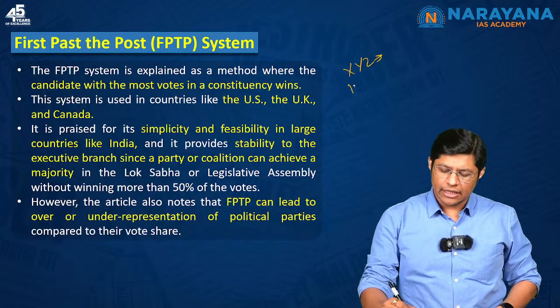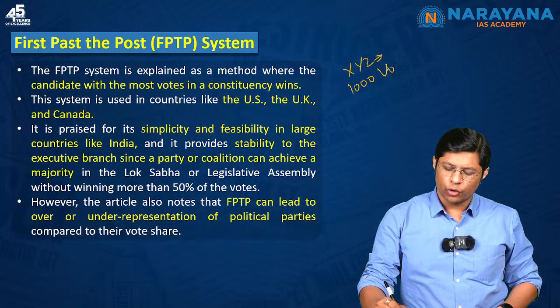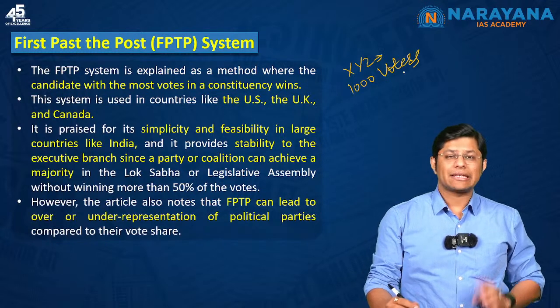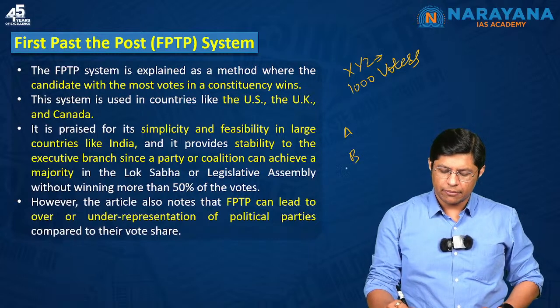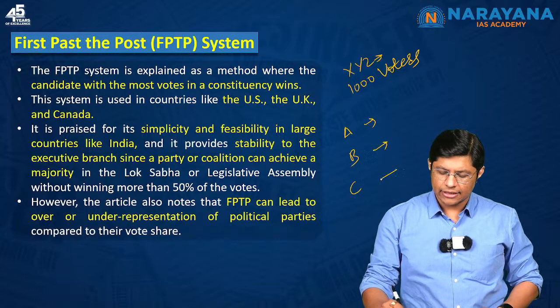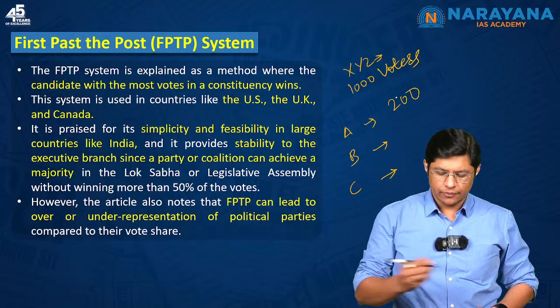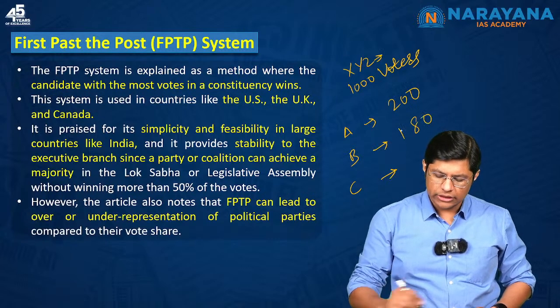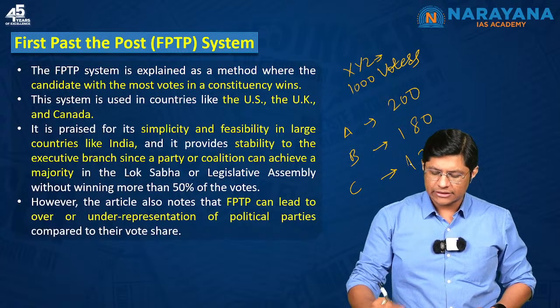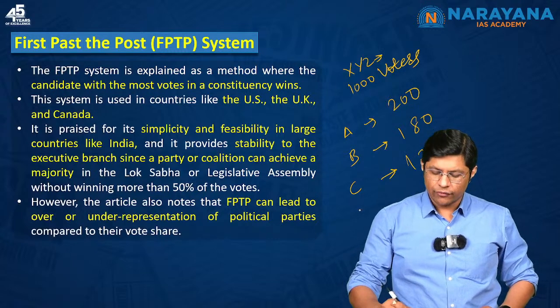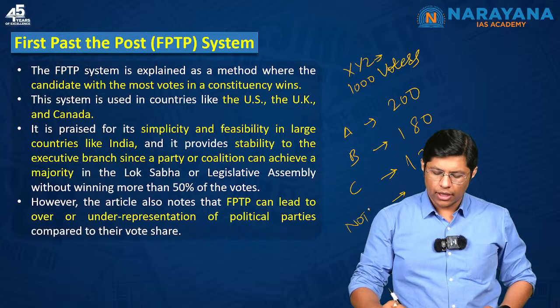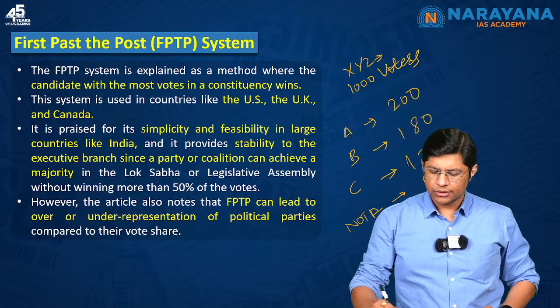It has around 1000 electorates or voters, and there are 3 candidates standing in the elections, A, B and C. Candidate A has secured, let's say, 200 votes. Candidate B has secured 180 votes. Candidate C has secured 170 votes. And NOTA got the rest of the votes.